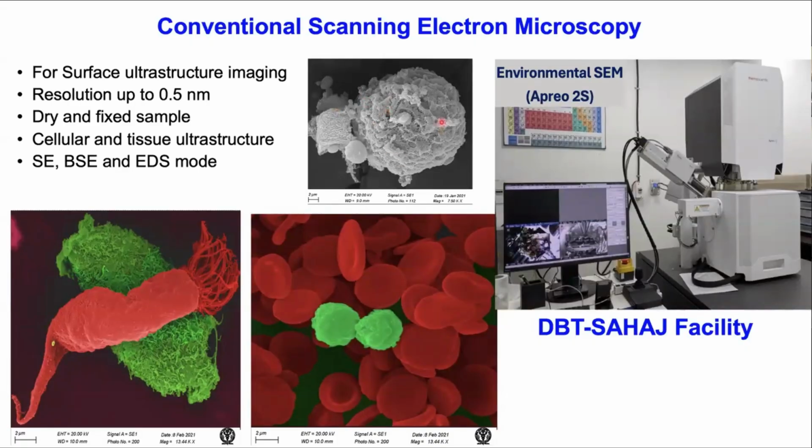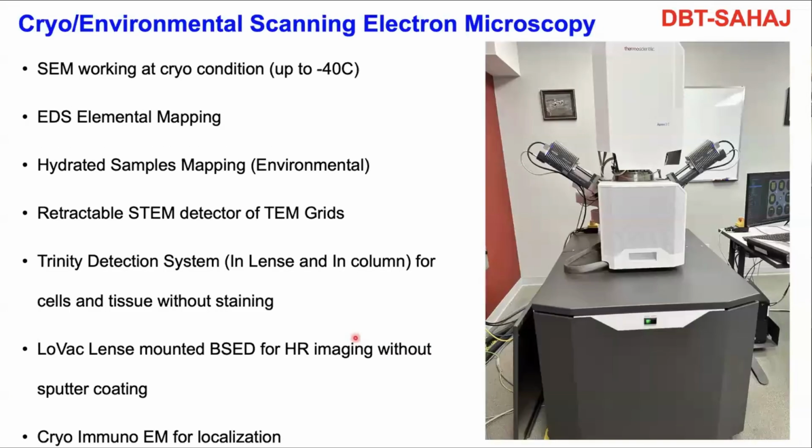These are macrophage cells from a COVID patient's lung. This is a nasal epithelial cell, RBCs, and neutrophils. This kind of 3D imaging you can achieve with scanning electron microscopy, but it is only the surface view, depending upon the field of view.